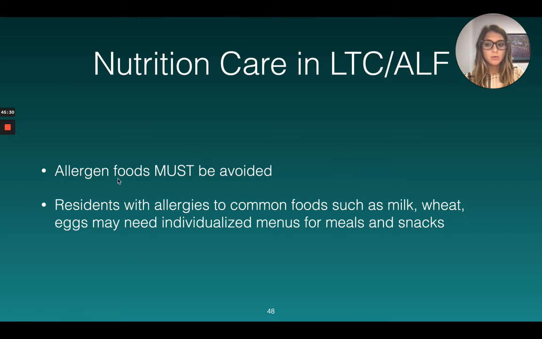Because milk, wheat, and eggs are common ingredients in a lot of food items, if someone has an allergy to any of these, they may need an individualized diet to ensure there's no risk of cross-contamination and that they are getting the proper nutrients from alternative menus or alternative foods.